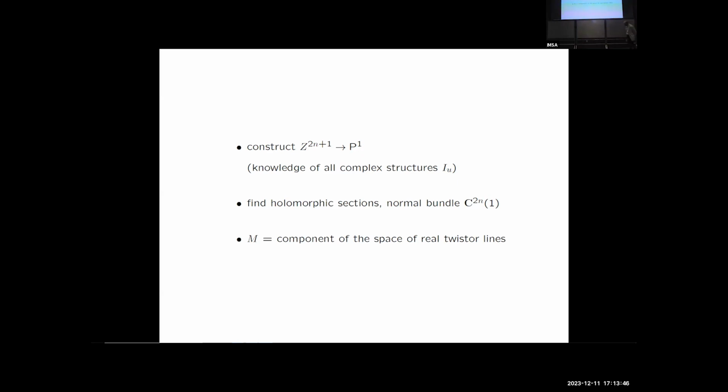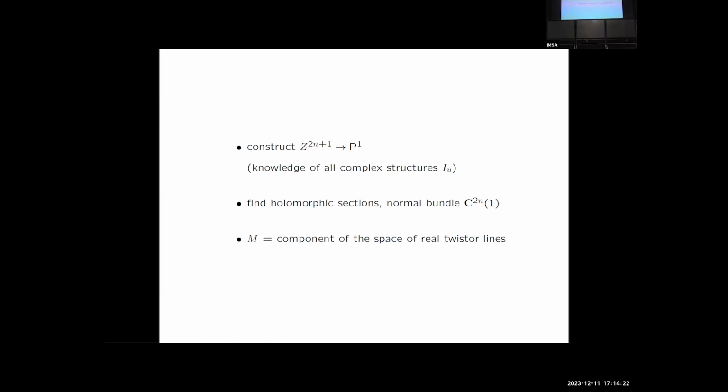So, for example, if you wanted to try and use this for a K3 surface, you already have to have some way of obtaining the complex structures on this full twistor family, the generic one of which is non-algebraic anyway. So if you want to use this method, you have to have a different way of doing it.